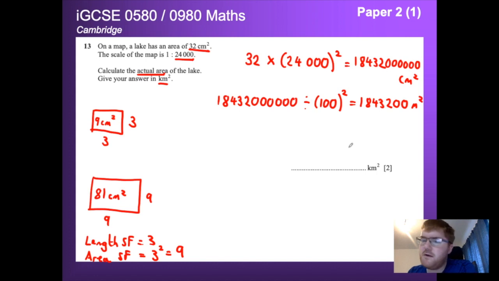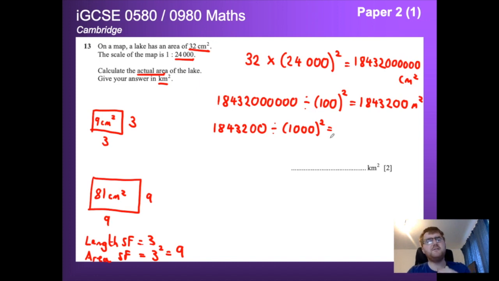But we don't want square meters, we want square kilometers. So we take our answer, 1,843,200 square meters, and divide by 1,000 squared. Why are we doing that?